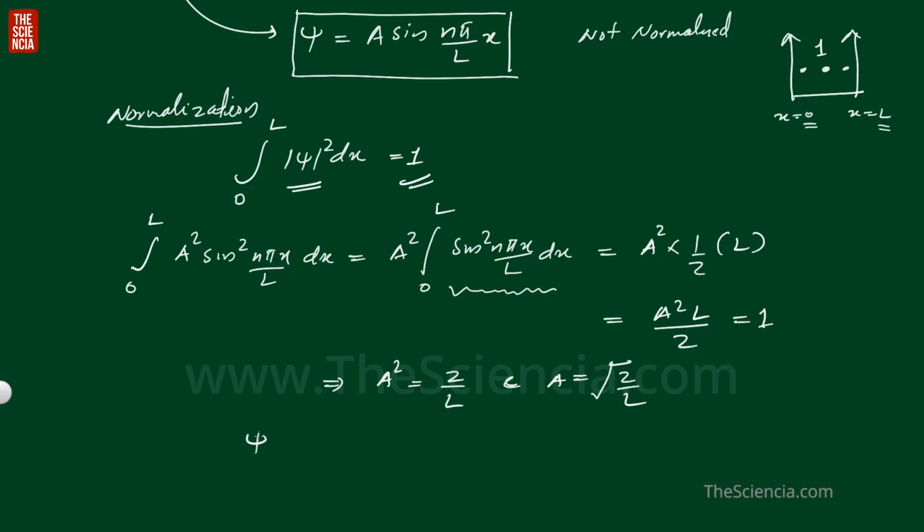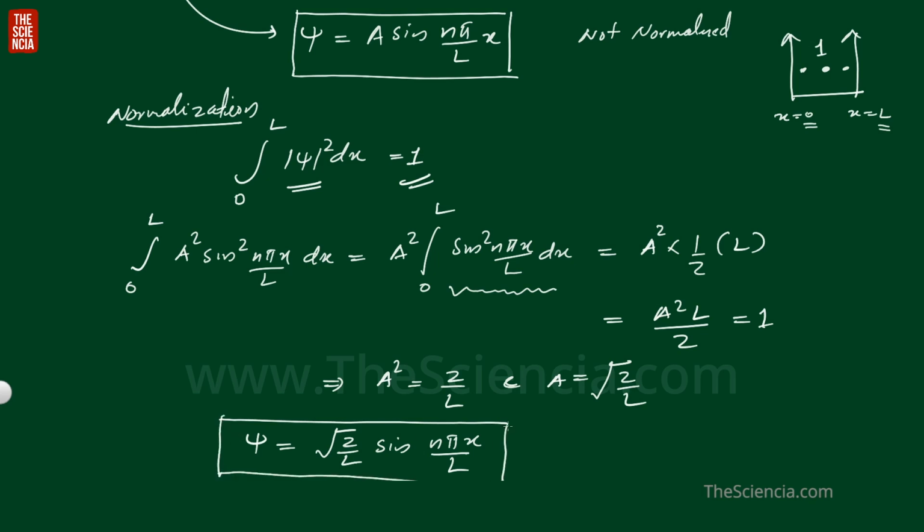So we get psi is equal to root 2 by L sine n pi x by L. So this is the wave function which corresponds to a particle in a 1D box with boundaries at x equal to 0 and x equal to L. This wave function exactly represents the particle inside this box.